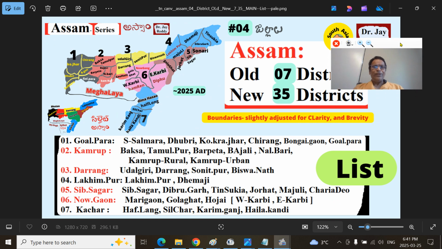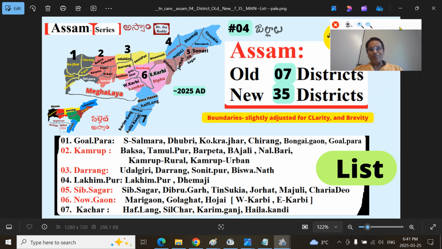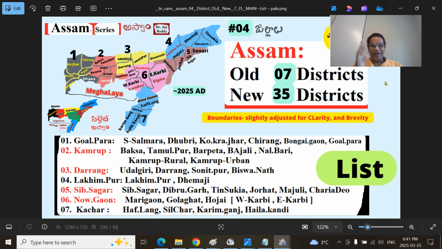There used to be seven principal districts in Assam until 1972, before Meghalaya and southern Mizoram, that is the Lushai Hills, and eastern Nagaland and northern Arunachal regions were bifurcated. So now there are 35 districts.